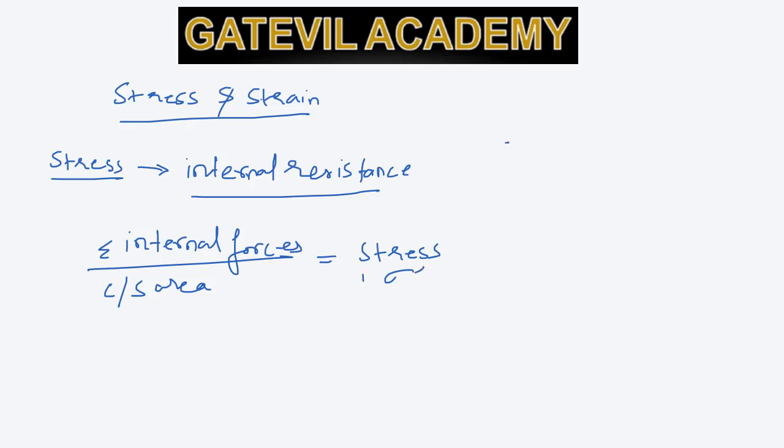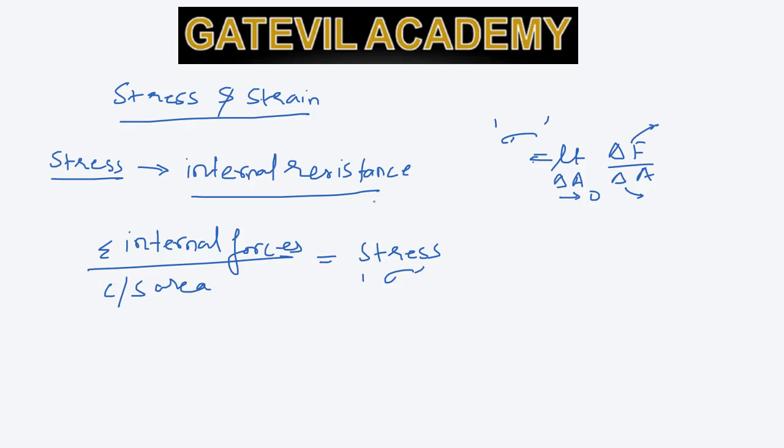Mathematically, sigma is the limit as delta A tends to 0 of delta F by delta A, where delta F is the elemental internal force acting on the elemental area. When this elemental area tends to 0, the force per area is sigma, or stress.